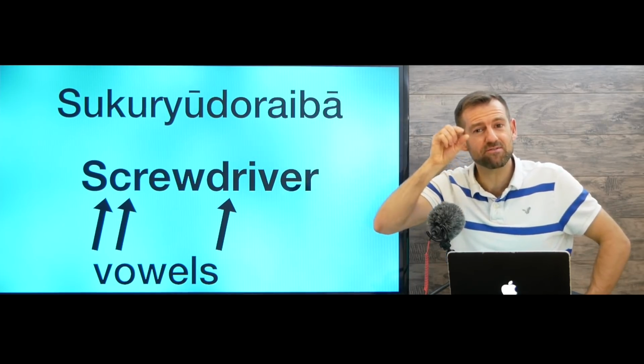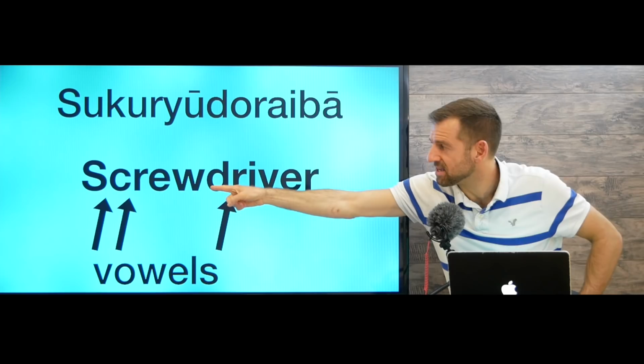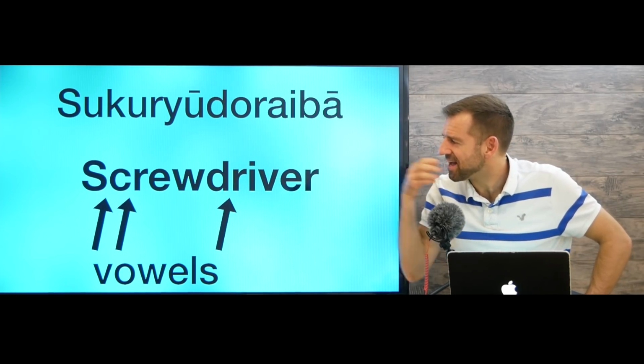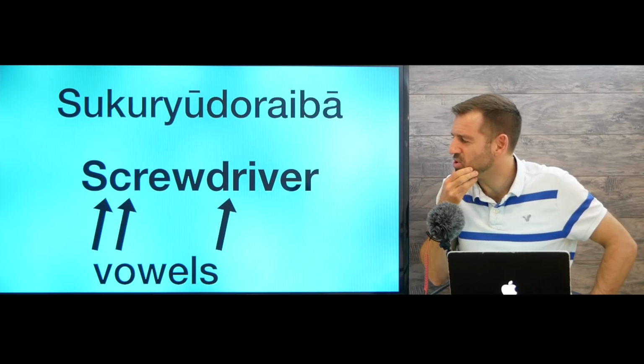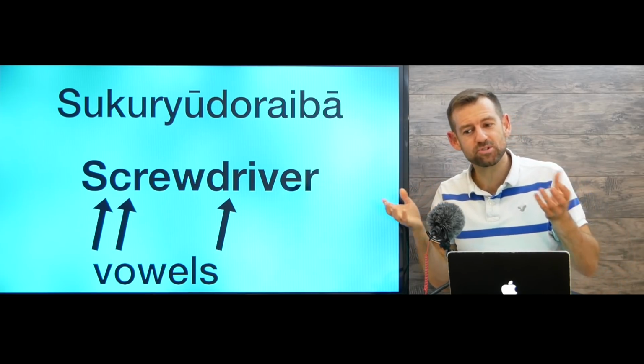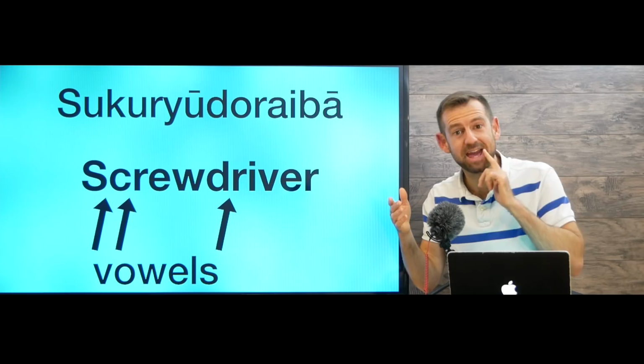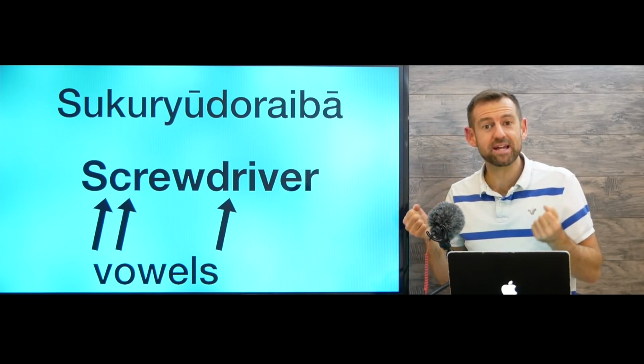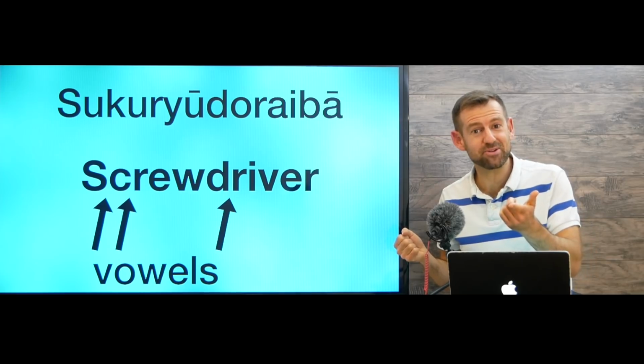Can you hear those little vowels in between the consonants? Wow, isn't that interesting? They're putting their own rules onto the word because they can't say that, right? It's very hard to break the rules in your language, right?